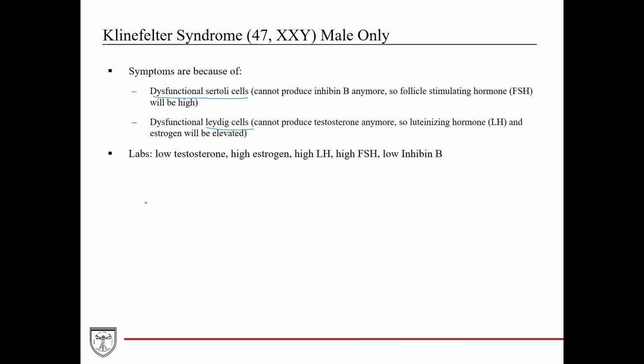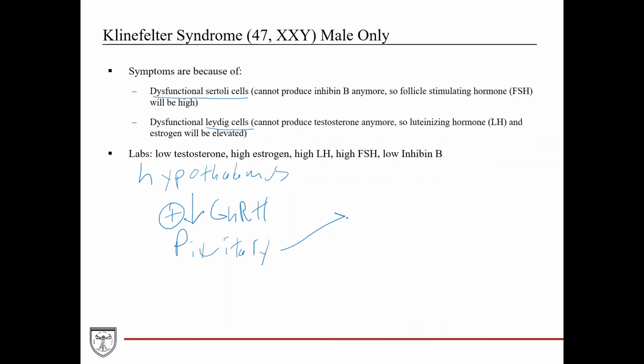So first let's review some normal male endocrine physiology here. So you have the hypothalamus here, which releases gonadotropin releasing hormone, which stimulates the pituitary to release 2 different hormones. FSH, which then goes on and stimulates the Sertoli cells.